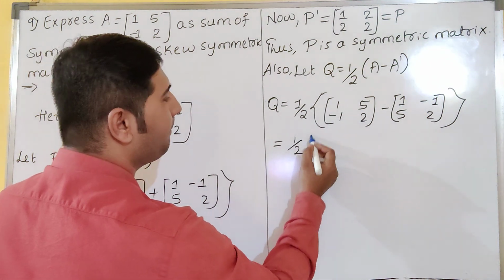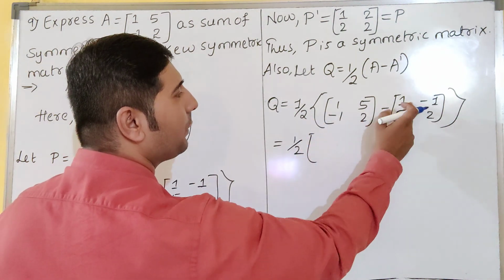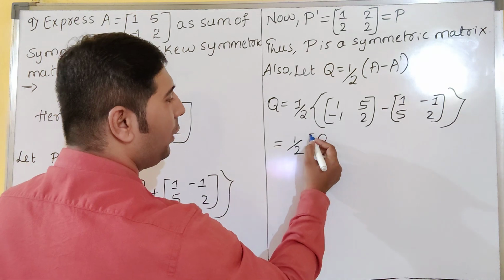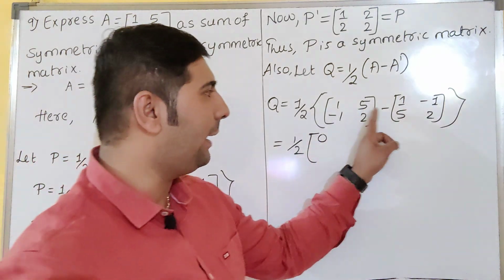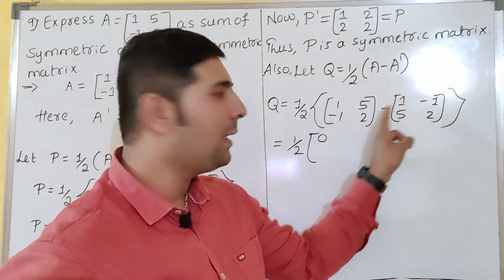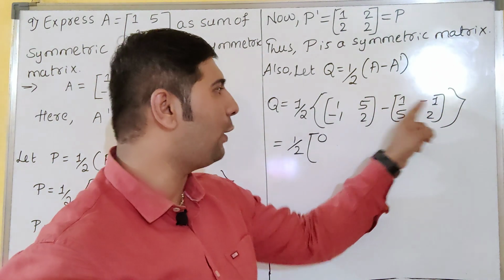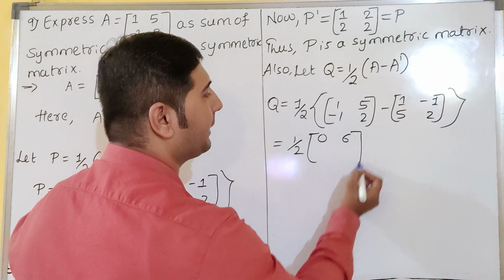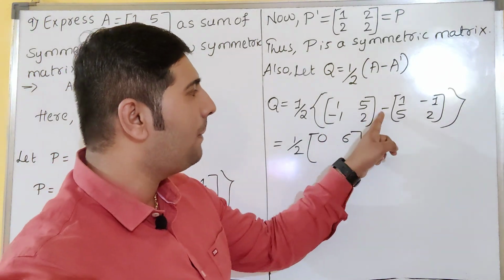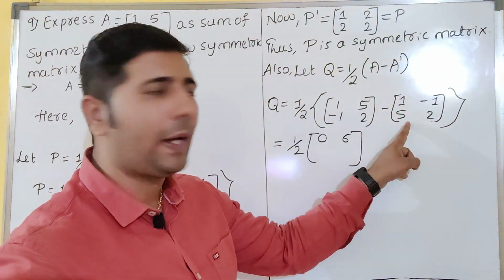Q, you can see, 1 minus 1 is 0. Clear? 5 minus into minus, minus into minus, plus: 5 plus 1 is 6.